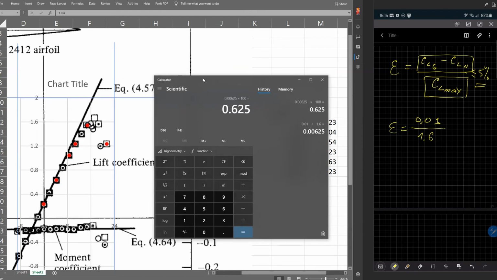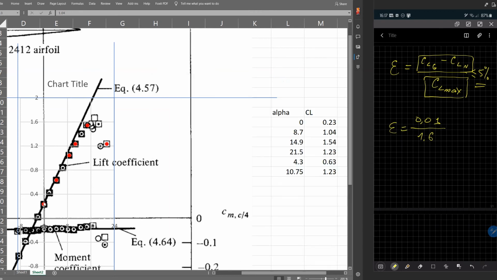Same thing you can do in the direction of the lift coefficient, so the point can move up and down, and in the same way the point can move to the left and to the right. So it's not just the lift coefficient error, the angle of attack error could also happen.